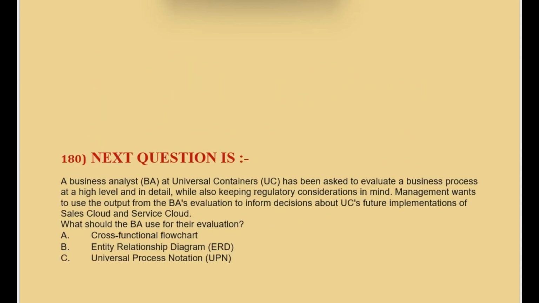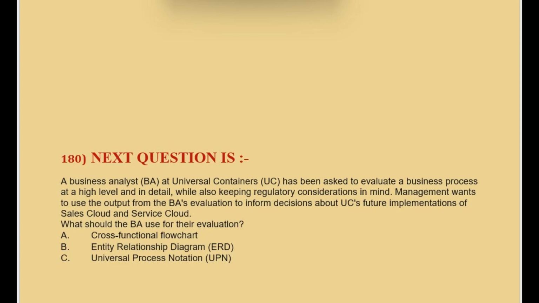Question is, a business analyst (BA) at Universal Containers (UC) has been asked to evaluate a business process at a high level and in detail while also keeping regulatory considerations in mind. Management wants to use the output from the BA's evaluation to inform decisions about UC's future implementations of Salesforce, Sales Cloud and Service Cloud.